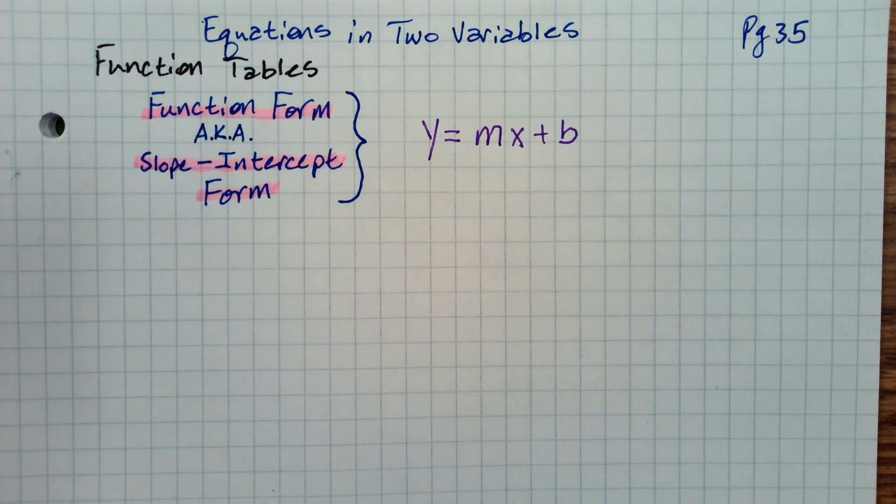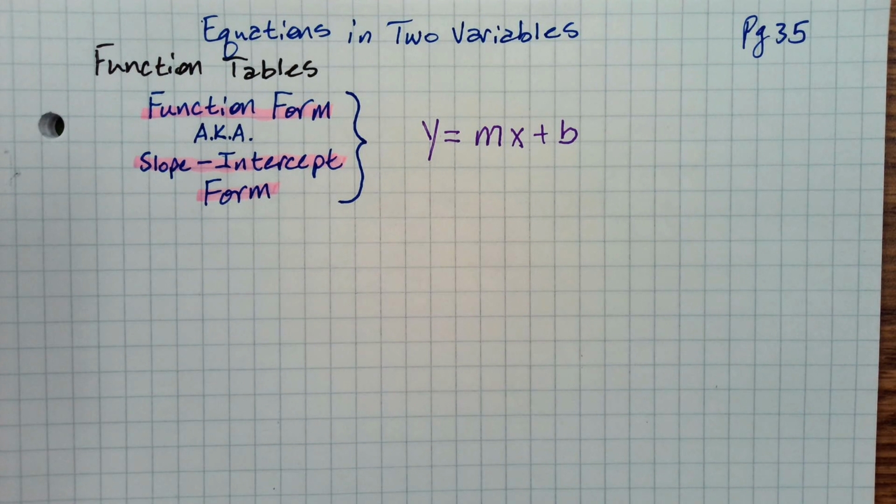Okay, so let's talk about what this all is. So it all starts with the word function. And a function is just a rule, a specific rule for two items called an input and an output. Okay? And we'll get into the specifics of that rule eventually.